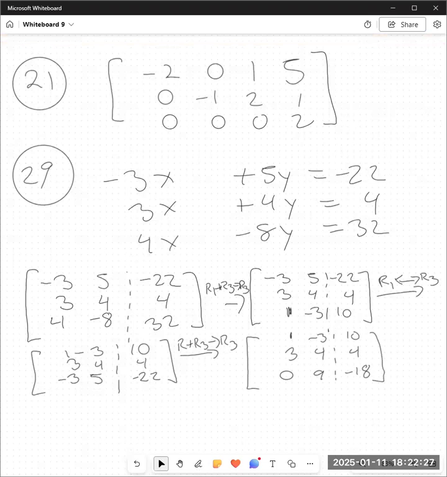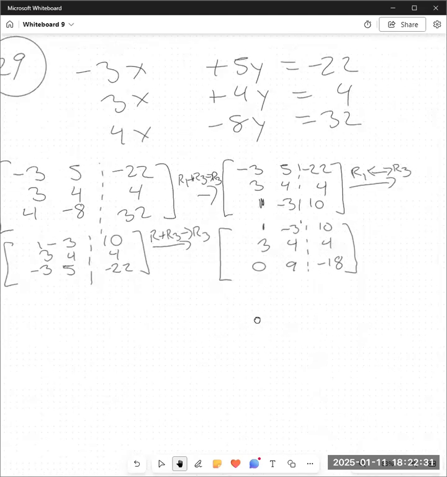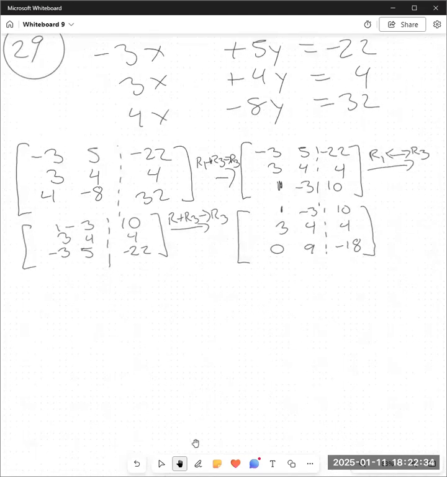Okay, so now we're going to eliminate that 3 in row 2 by taking -3 row 1 plus row 2 to make a new row 2.